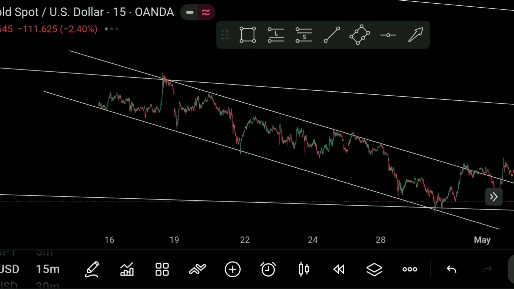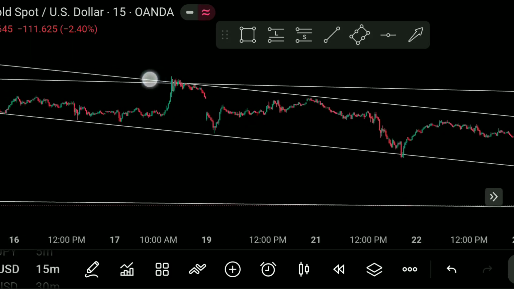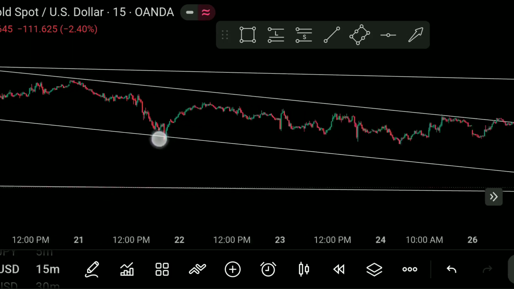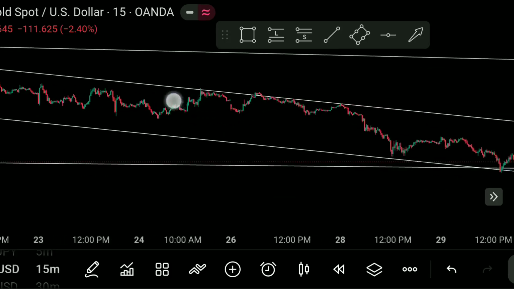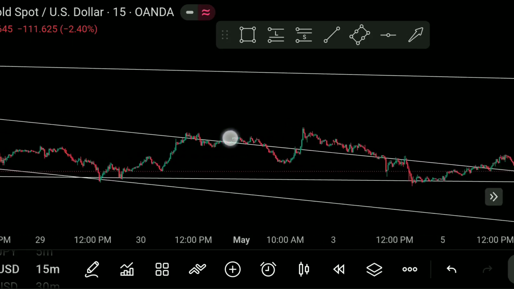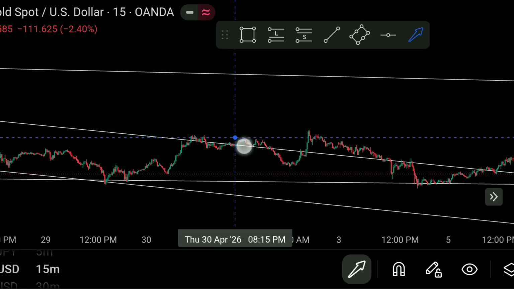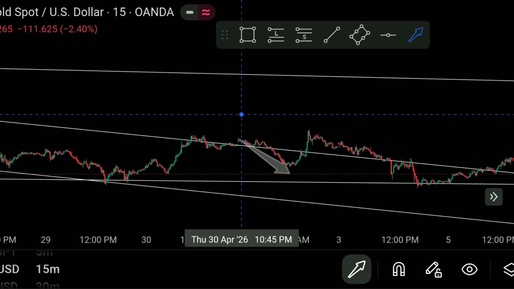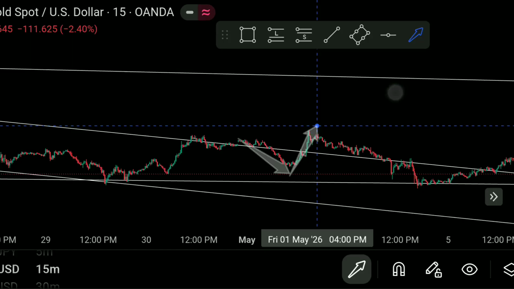You can see that price normally comes to these trend lines and respects them: touch here, come down, touch here, come up here, touch here, come down, touch here, come up, touch here, come down, touch here, come up here, touch here, then it behaves as if it wanted to go down. I see what happened here. It behaved as if it wanted to go down. Then what happened? It now went up and broke our trend line.